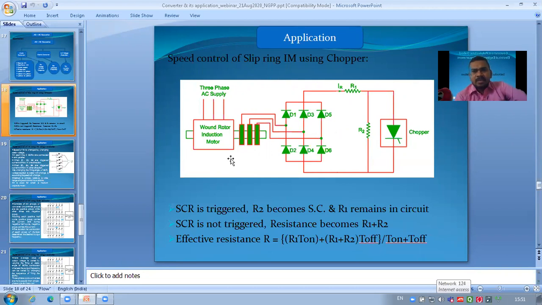We are not talking about the detailed operation, we are just talking about how we can change the value of the resistance that is inserted in the rotor circuit.